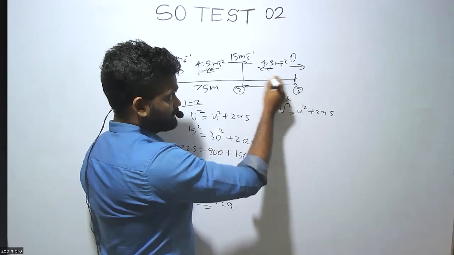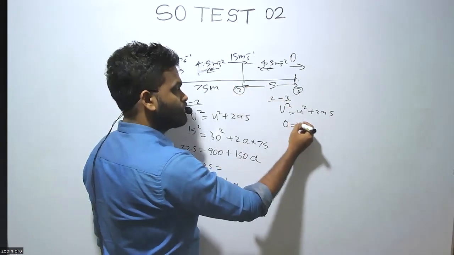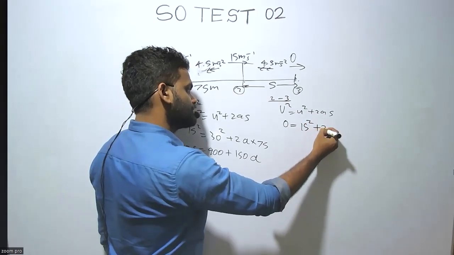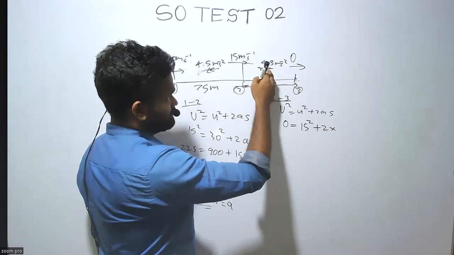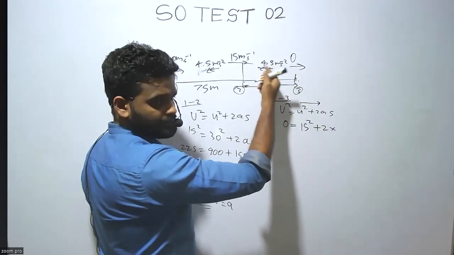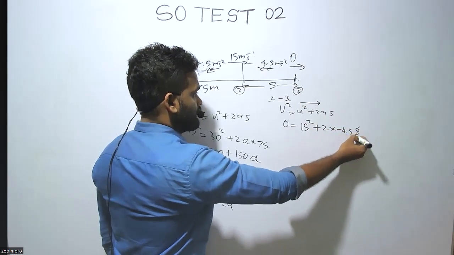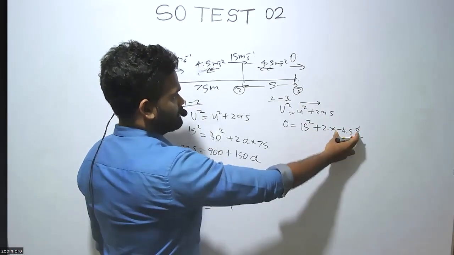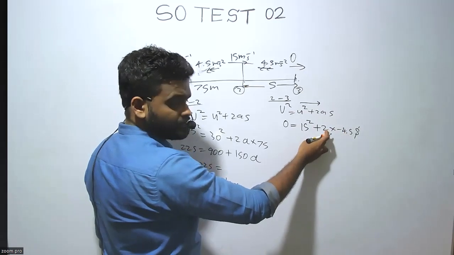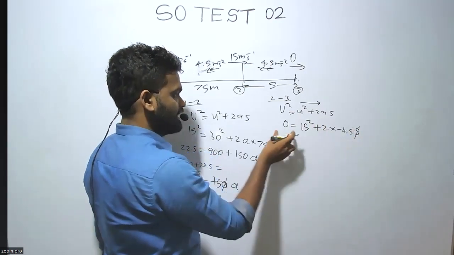Final velocity here is 0. Initial velocity here, right? 15 squared plus 2 times acceleration. Applying this equation to this side, acceleration to the other side, it's the deceleration. So you can say minus 4.5 s. 4.5 times 2 is 9. Minus 9s, take it to the other side.